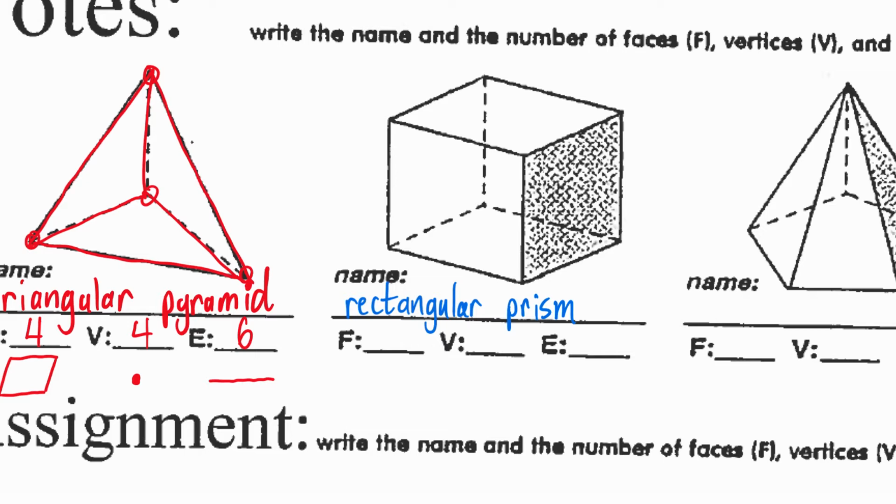It's got the top and bottom, the front and back, and the left and right hand faces. So it's got 6 faces. How many vertices does it have? 8. 1, 2, 3, 4, 5, 6, 7, 8. How many edges does it have? 12. 1, 2, 3, 4, 5, 6, 7, 8, 9, 10, 11, 12.